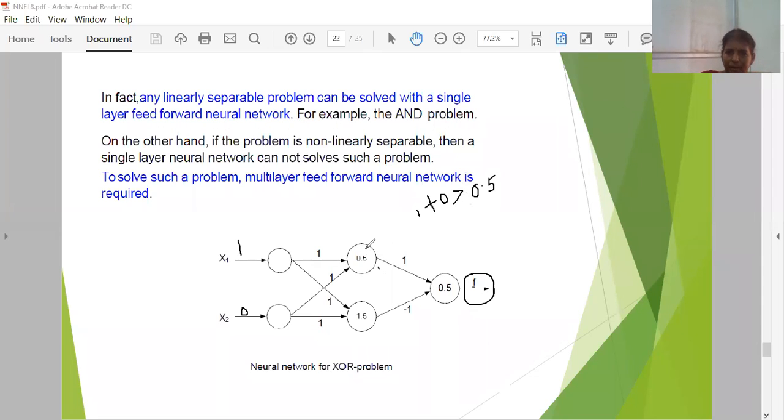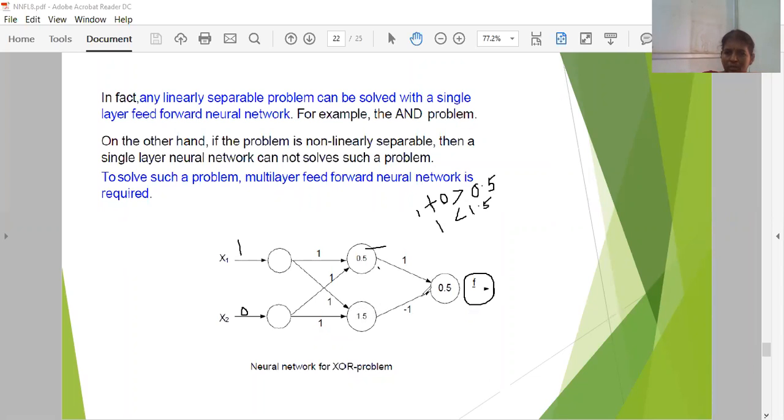So your output from this will be 1. Here if you are considering 1 into 1, 1 plus 0 into 1, 1. But 1 is less than 1.5. So your output will be 0 here.